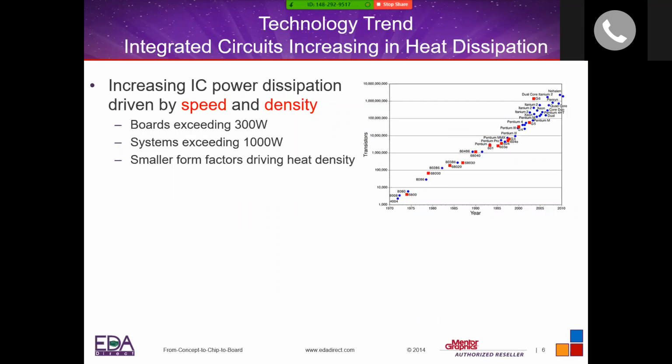The problem statement that I want to state here is that given the technology trend, as time goes on, the complexity of electronic circuits gets more complicated. Not only do you have smaller and denser chips, but you will have smaller boards, and the system thermal power consumption is also in many cases exceeding hundreds and thousands of watts.